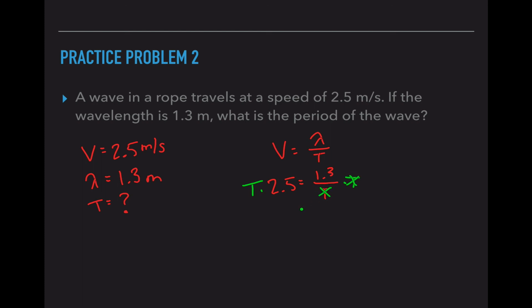So now we have 2.5T equals 1.3. And we want to separate out that 2.5 and that T, so we're going to divide both sides by 2.5. And I'm left with period equals 1.3 over 2.5. And my period is 0.52 seconds.